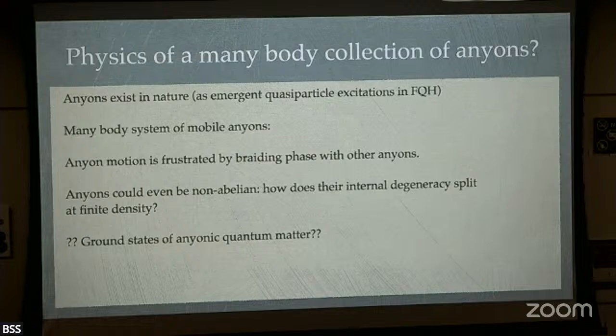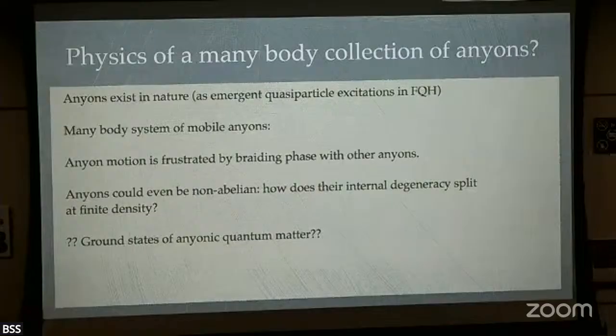We get lucky with fermions because of the solvability of the ideal Fermi gas. Here, there is no such solvability. So when you bring them together, they will be interacting, and the degeneracy is lifted? Yeah, for non-abelions, that will be true. So we want to ask the question: what are the ground states of quantum matter that's made up of anyons?